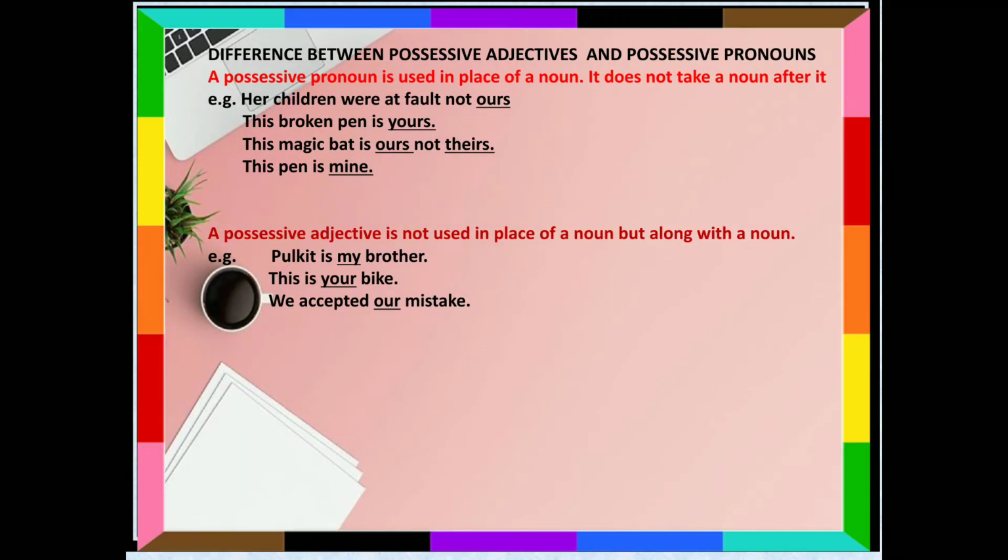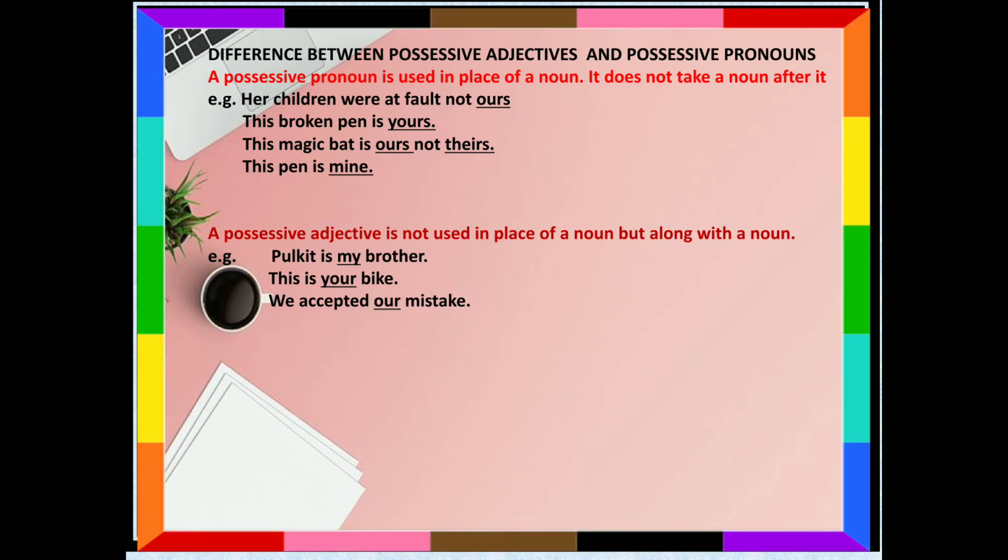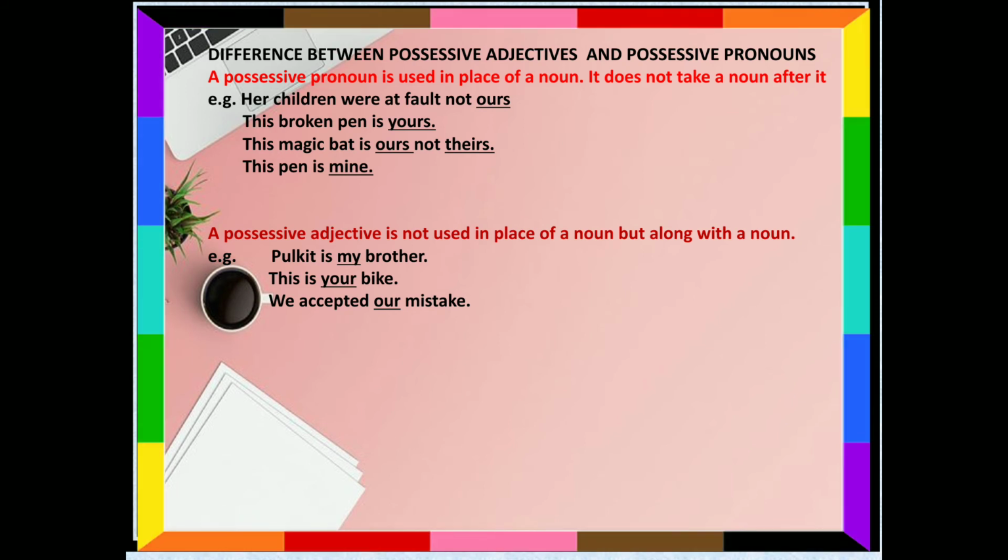Now, dear students, we will learn what is the difference between possessive adjectives and possessive pronouns. So, you should know that we are also having possessive adjectives and possessive pronouns also. Possessive adjectives like my, our, your, his, her, their or its.